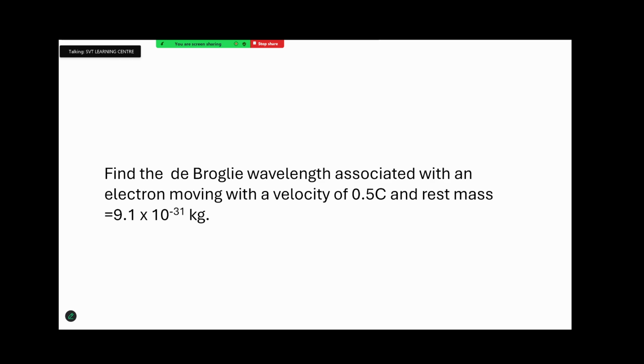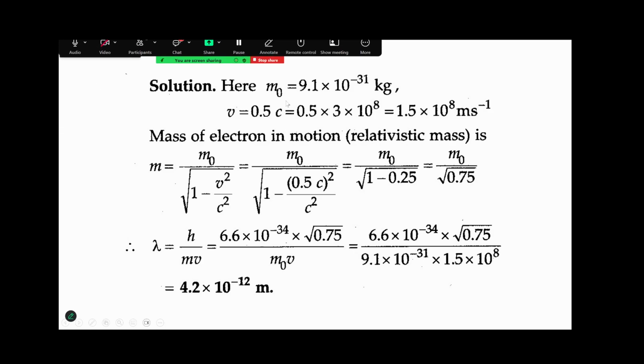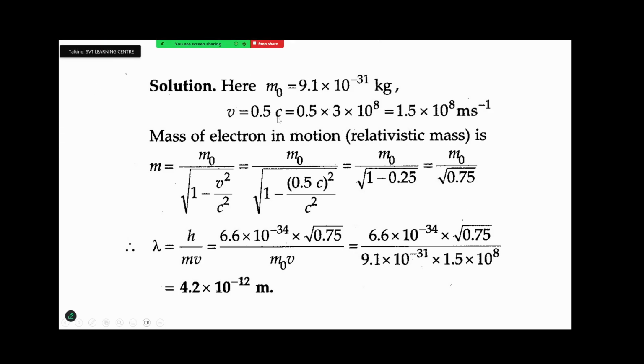Find the de Broglie wavelength associated with an electron moving with a velocity 0.5c, that is half the velocity of light, and its rest mass is given. So you can find out the momentum, mass into velocity, and h upon that will give you the value. Now you can't directly do it because the speed is relative to that of light, so you'll have to use this formula.